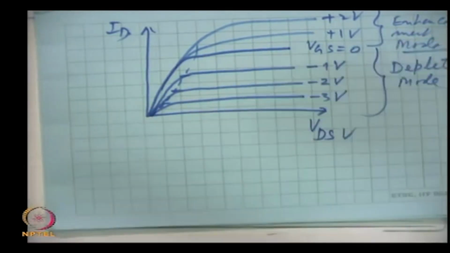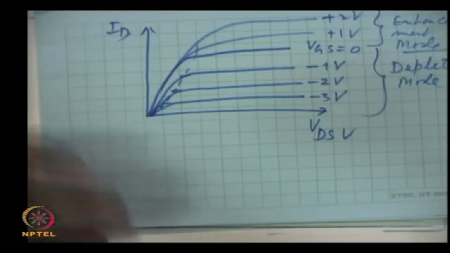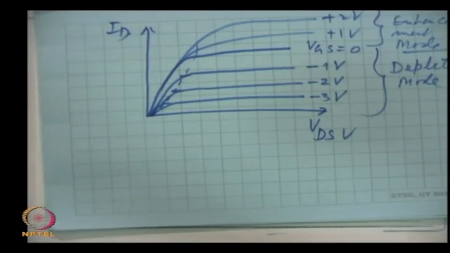Remember, enhancement mode is different from the E-type MOSFET. A depletion MOSFET can be operated in two modes, depletion mode or enhancement mode, simply by changing the polarity at the gate.